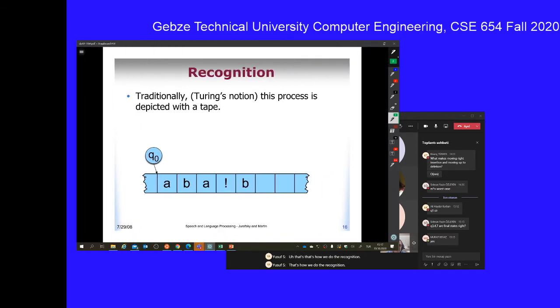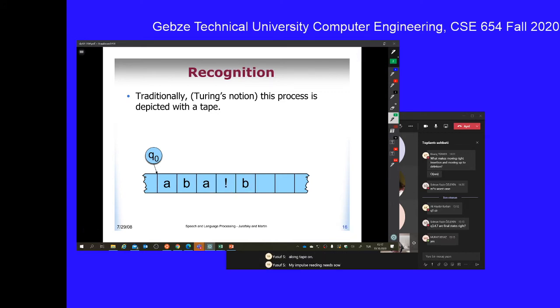Finite state automata and finite state machines are used a lot in the theory of computation. They were invented by the early theorists of computer science. Turing said: let's say I have a very long tape, and on the tape I have my inputs written in each cell.